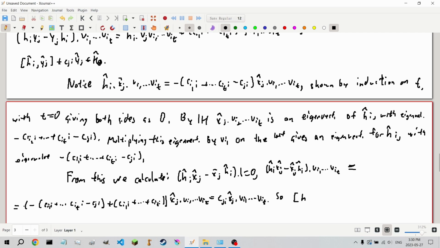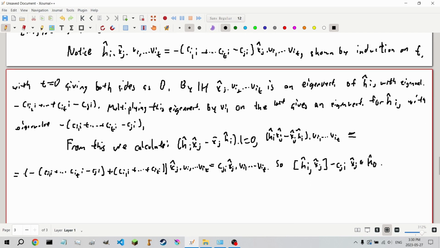So the bracket of h hat i with x hat j minus c_ji x hat j lies within k hat 0, and we finally get every case. And so our k hat lies within k0 hat.